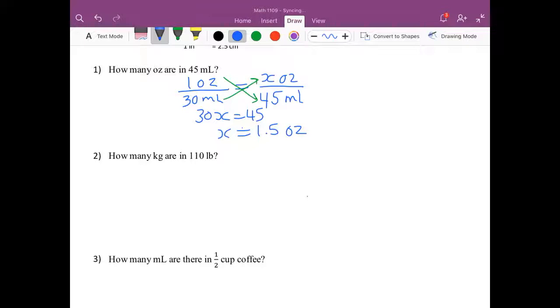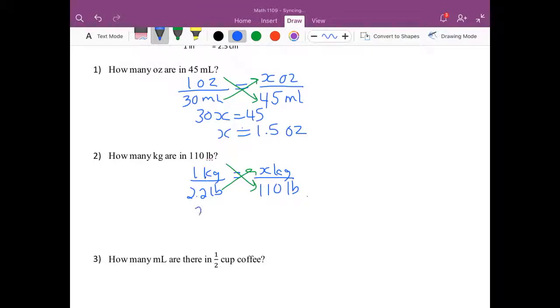Okay, let's look at the next one. How many kilograms are in 110 pounds? So in our list we have 1 kilogram is 2.2 pounds. So I use that to set up my ratio. And then I have how many kilograms is 110 pounds. So again, I do a little cross multiplication here.